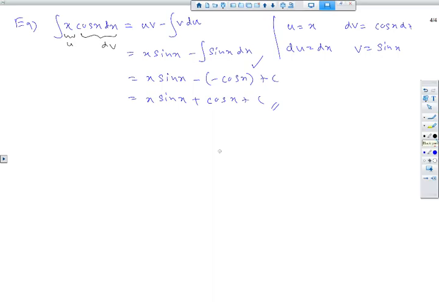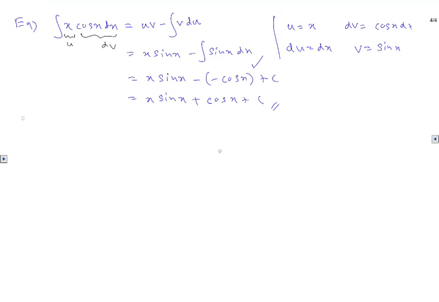Okay, how about another problem? What if you have an x squared term here, x squared cosine x dx. Again, it's a polynomial and a trigonometric function. So we're going to do u equal to the polynomial part, and dv equal to cosine x dx.